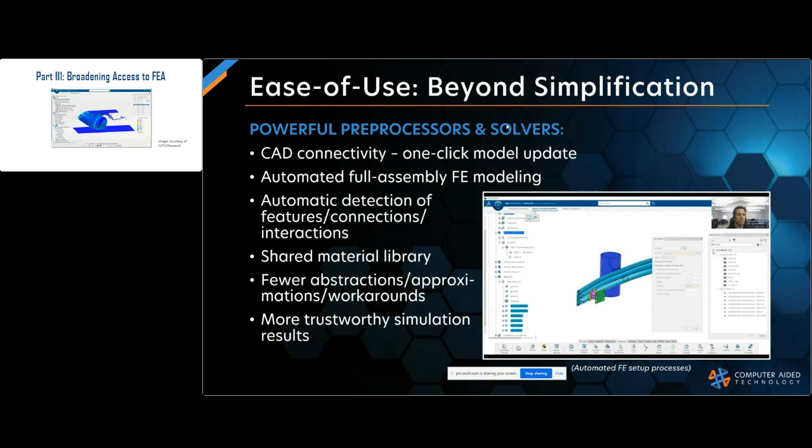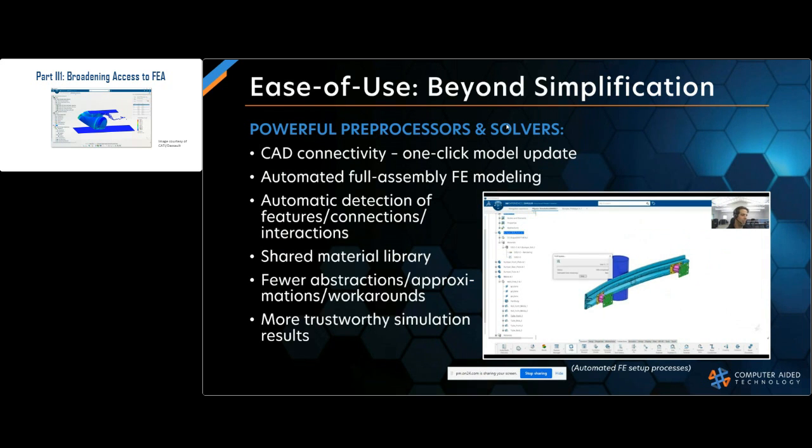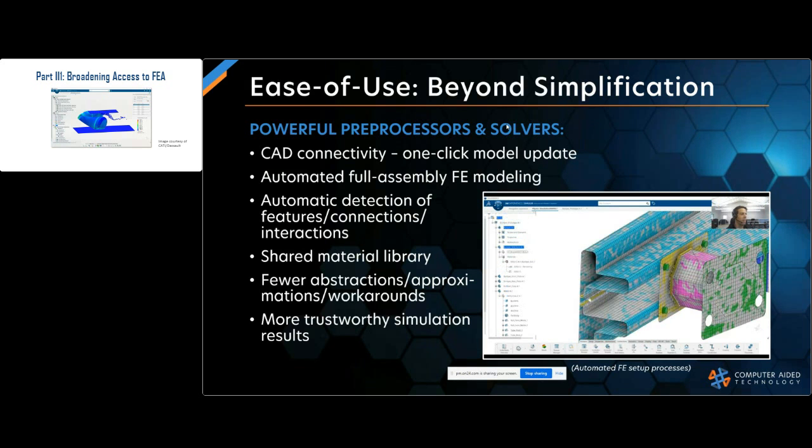All these great things that have evolved over time, like automatic assembly modeling, understanding when there's an adhesive or a connection of a certain type of bolt or anything like that. Everything that's evolved from detailed analysts over time, make sure that that's part of the system.